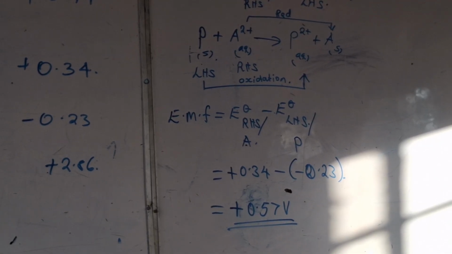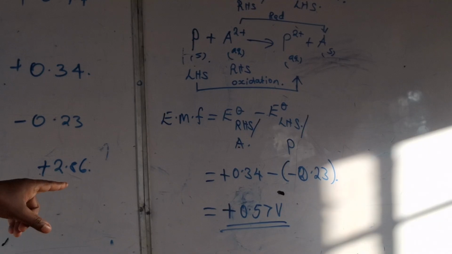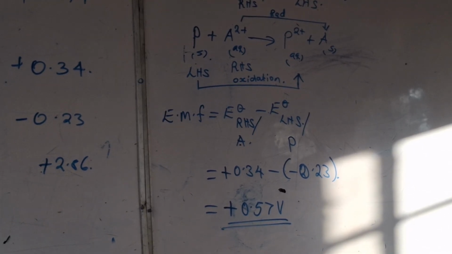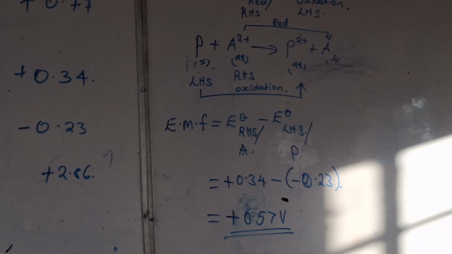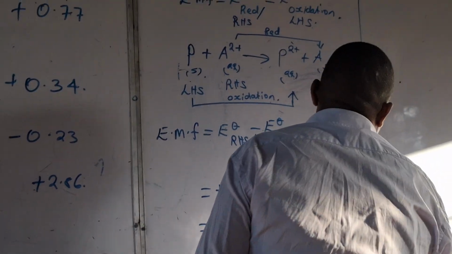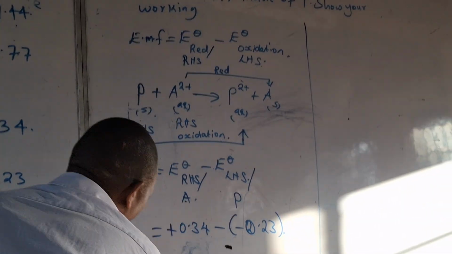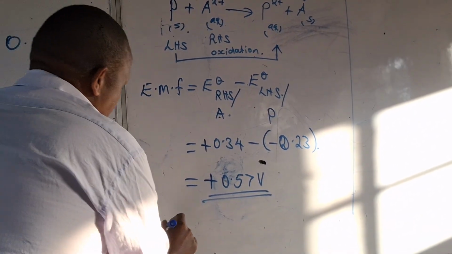Now, having got this 0.57 volts, can you place the solution in that container? We cannot place it. Are we together? Because when the E standard value or the EMF value is positive, it means the reaction will occur. In other words, corrosion will occur. So we write that one, we say our response is no. Okay? Why no? You say what?